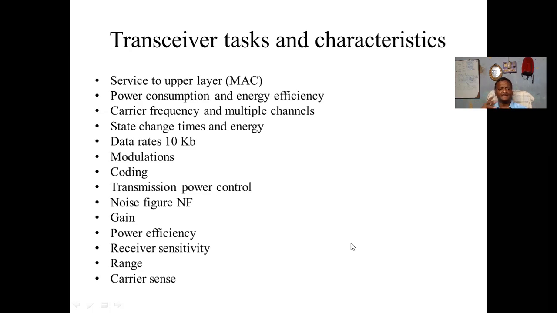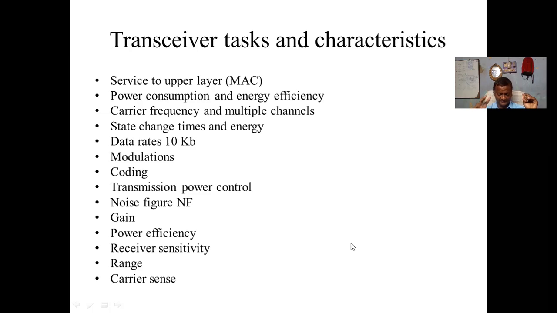Next is the carrier frequency and multiple channels. Why are we using carrier frequency and multiple channels? Because of different applications, a single sensor cannot handle everything. There are two different things. Number one, if it is working for different purposes, then each application can utilize a separate frequency.